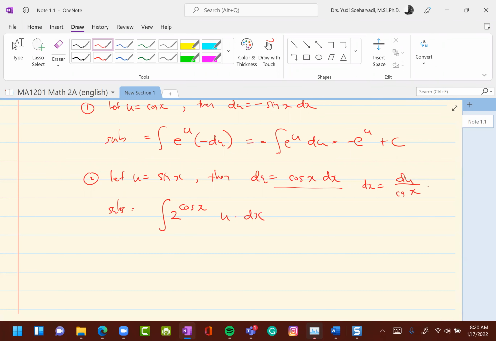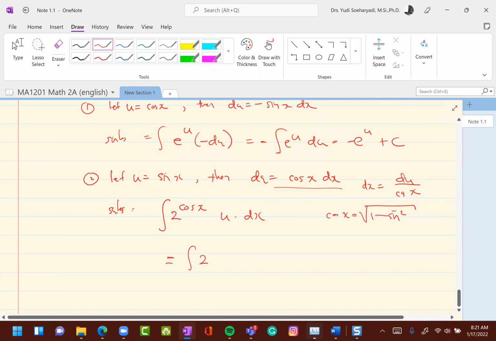This is still in x, not in u. You have to express cosine as sine. Cosine x is 1 over there. So this is our u squared.